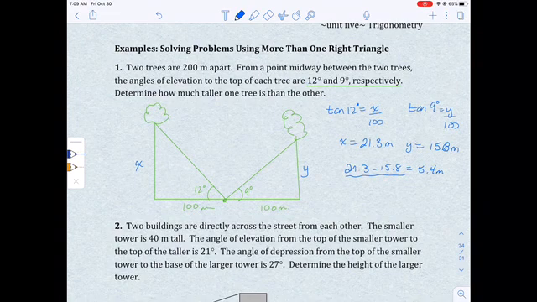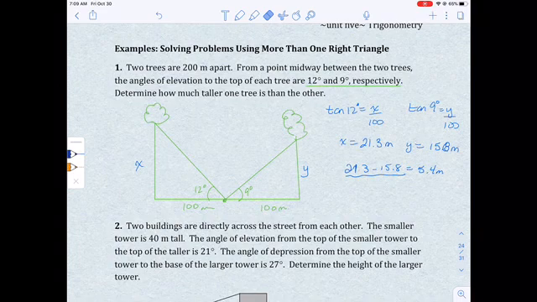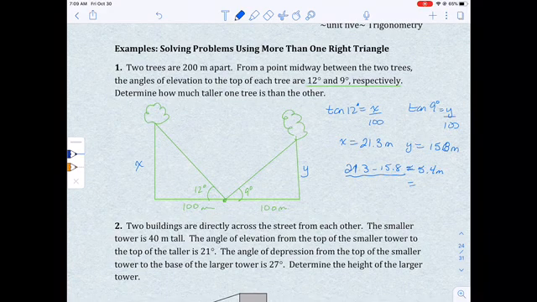Now, I got this because I didn't round until the very end, so if you actually use 21.3 and subtract 15.8, we'll get 5.5. So if we don't round until the very end, more accurately it would be 5.4 or 5.5.